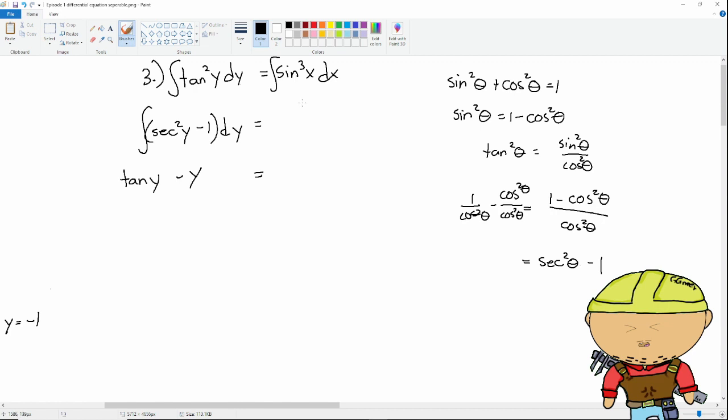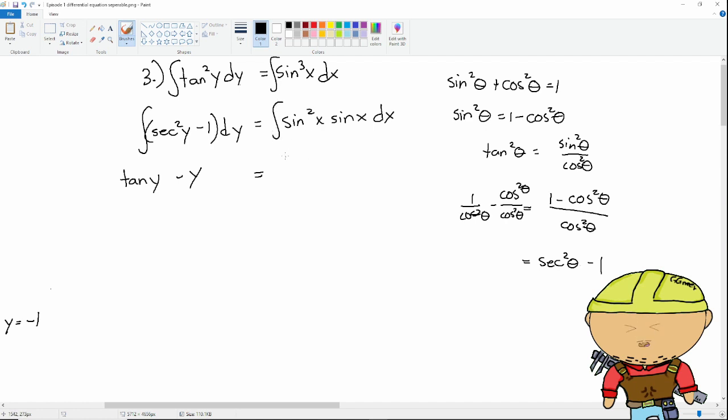For the right part, sine cube x dx, there's no direct integration. So in order to lower the degree of our trigonometric identities, I'm going to separate the square from the cube. Sine square x multiplied by sine x is equal to sine cube x dx.